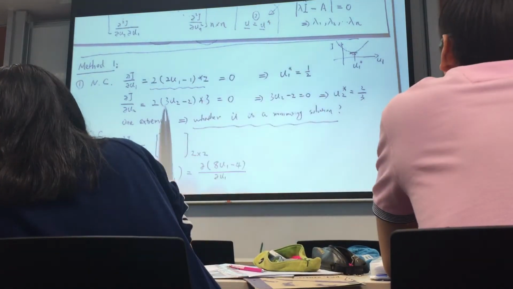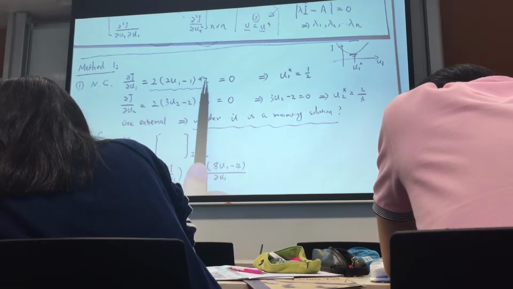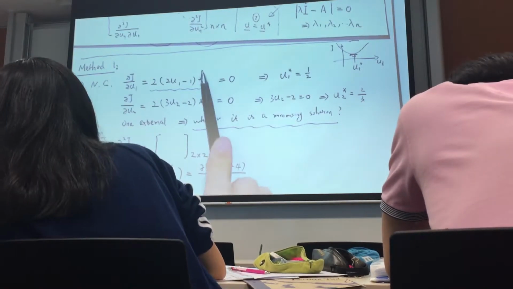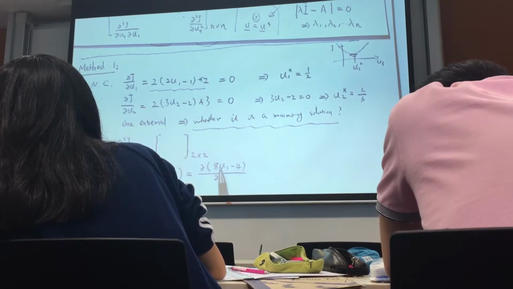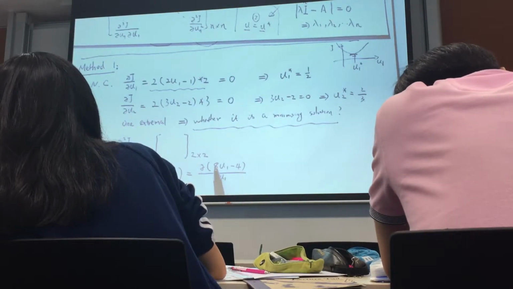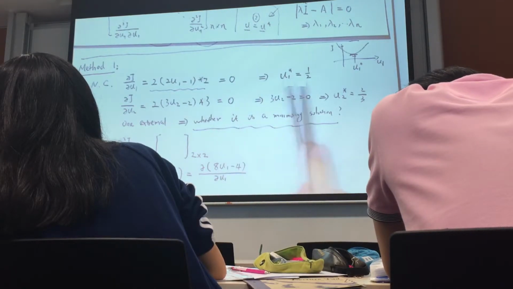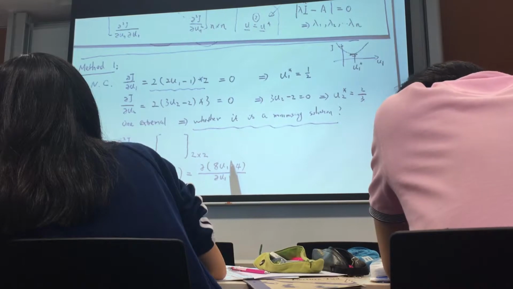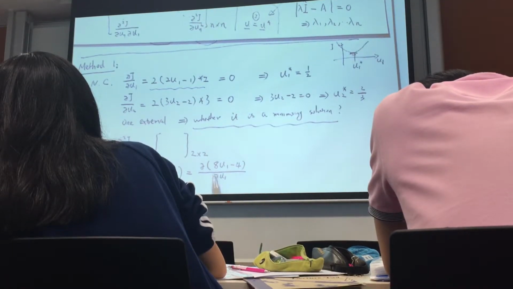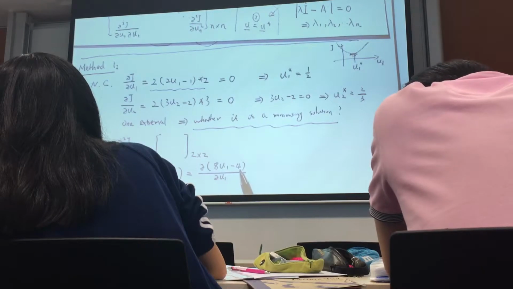So it's important that your first step is correct. If you miss this 2, maybe in the first step the solution is correct, but in the second step it will be wrong, because from here, I will show you, this will determine the eigenvalues.